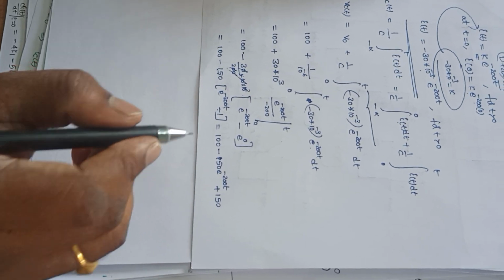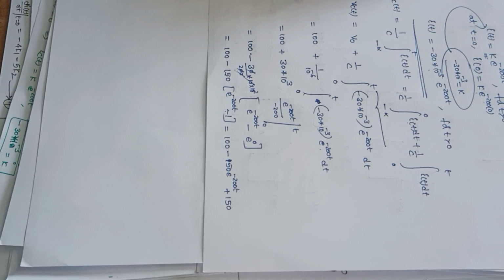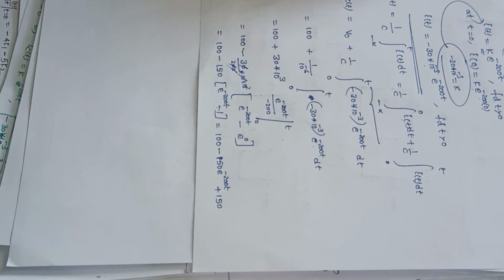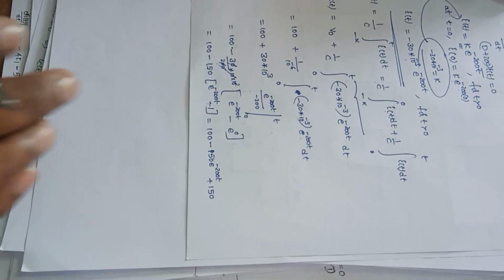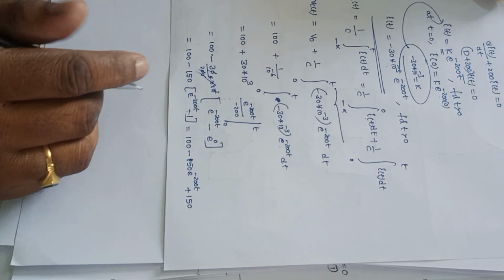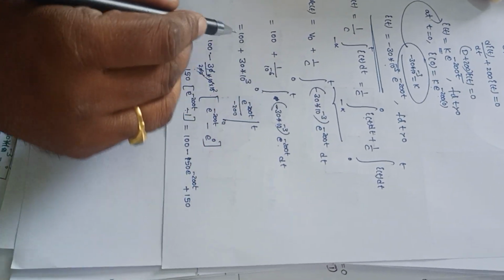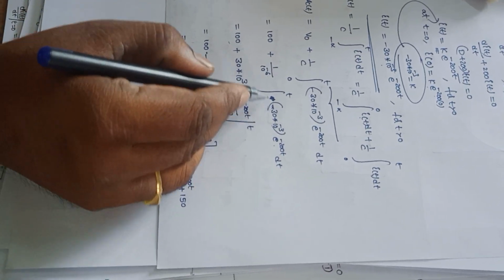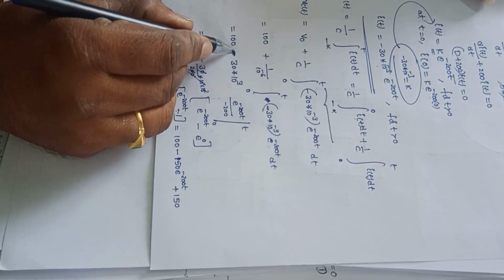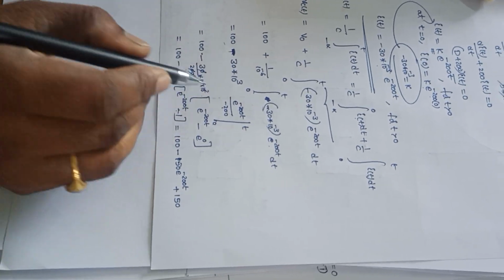I think we made a mistake here. We forgot to place this minus sign here. You see, this is minus 30 into 10 power minus 3, so it is minus, and this minus will get cancelled.